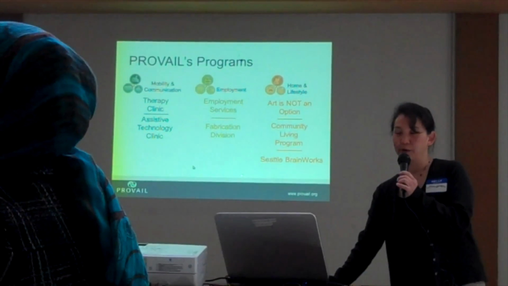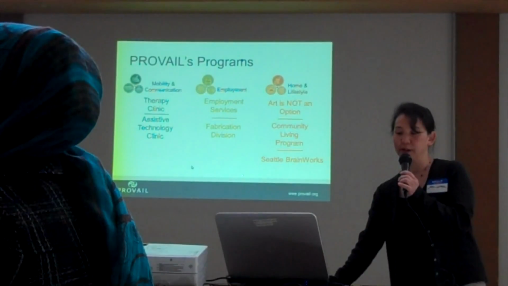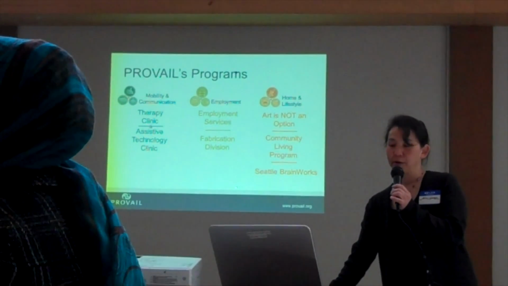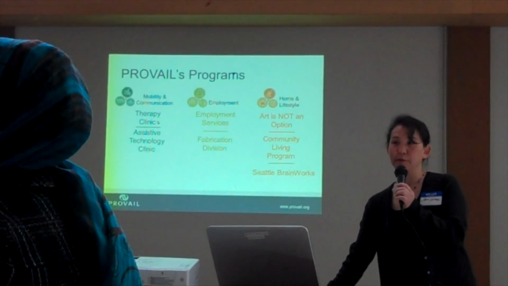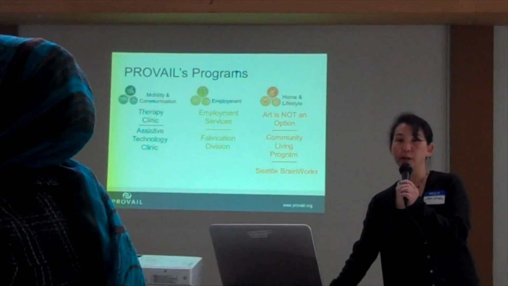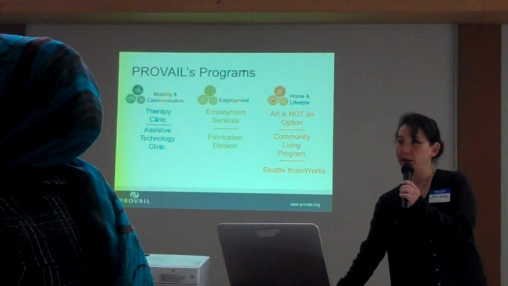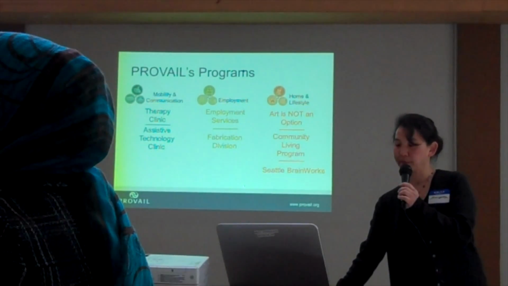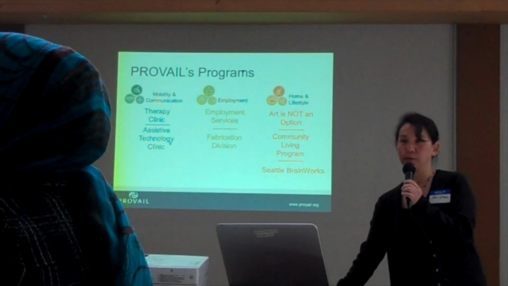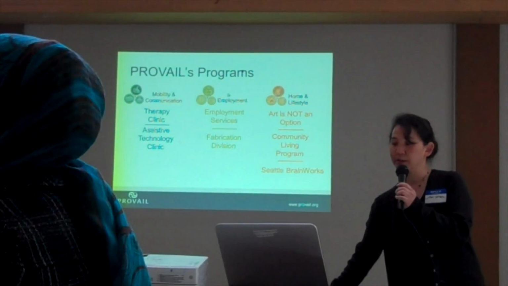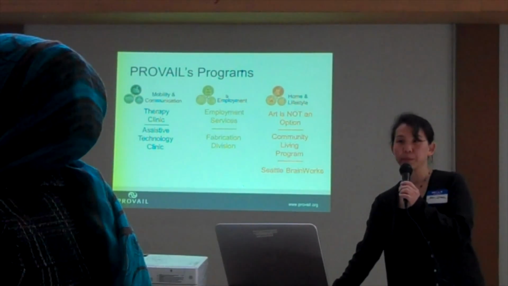We have broken our programs into 3 different areas. Our therapy clinic does a lot of wheelchairs and communication devices, adapted iPad, adapted computers. And part of that is assistive technology. Our second group is employment.